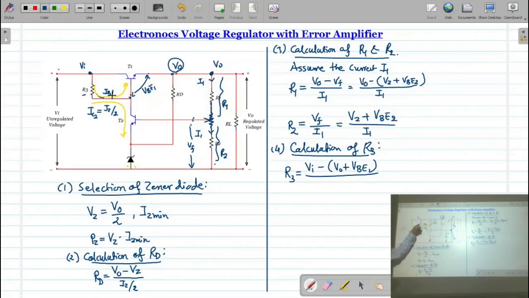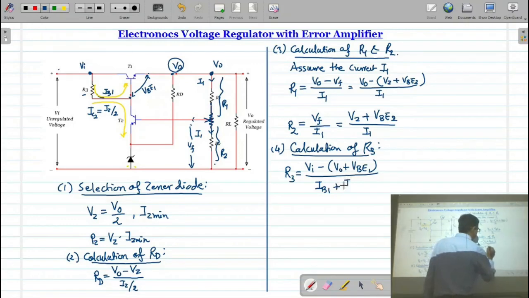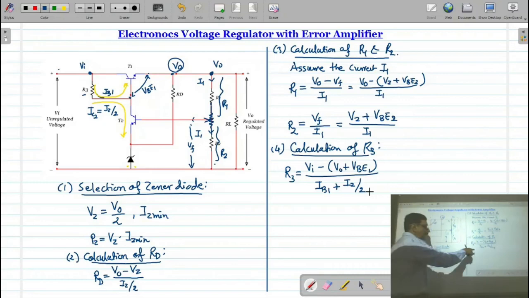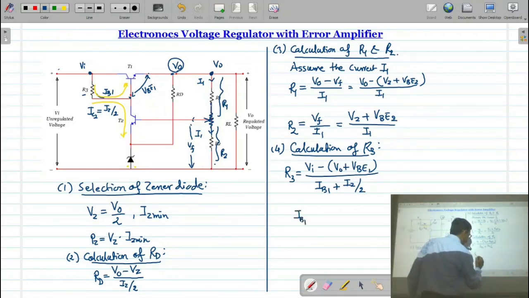So through this resistance R3, two currents are flowing, IB1 plus IZ by 2. But how to calculate IB1? From the collector current. IB1 is nothing but IC1 divided by hFE1.